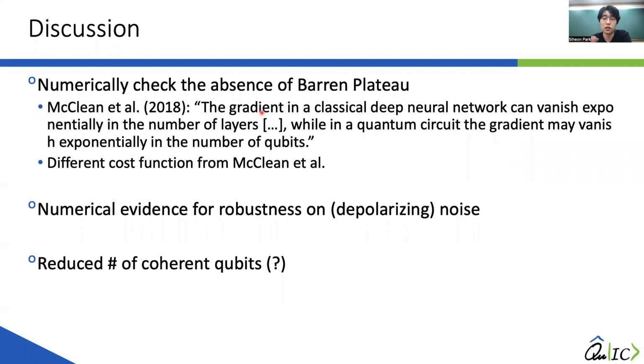So in the conventional QNN, the gradient vanishes with the number of qubits. But in this case, since this is like a classical deep neural network, the gradient decreases exponentially in the depth instead of the width.